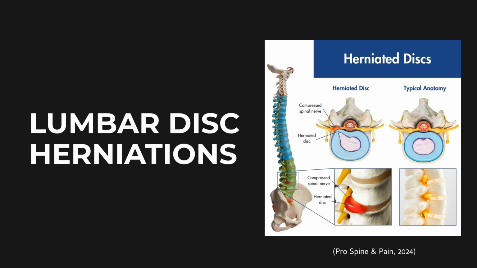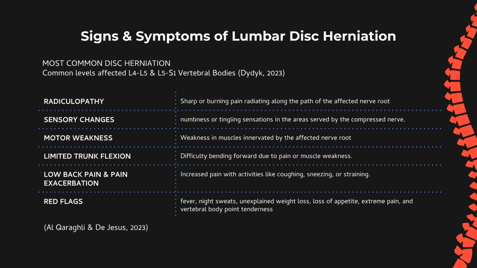Lumbar disc herniations. The image on the right just shows a zoomed-in photo of a disc herniation in the lumbar region. Signs and symptoms of lumbar disc herniations mainly cause radiculopathy, sharp or burning pain, sensory changes, which is numbness or tingling, motor weakness, causing weakness in the muscles, and then limited trunk flexion because it's difficult bending forward due to the pain.